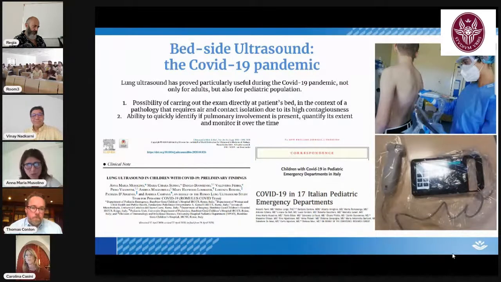Bedside ultrasound, particularly lung ultrasound, has proved particularly useful during the COVID-19 pandemic, not only for adults, but also for the pediatric population.